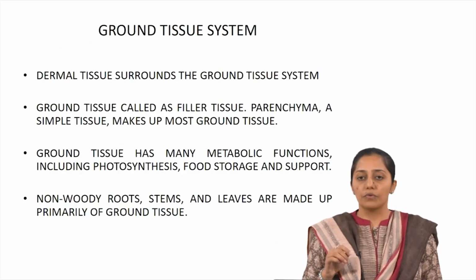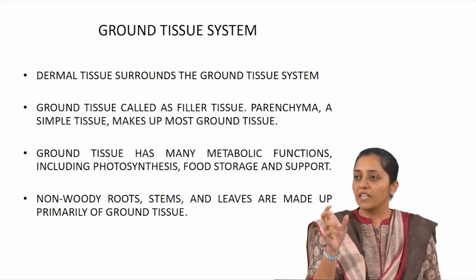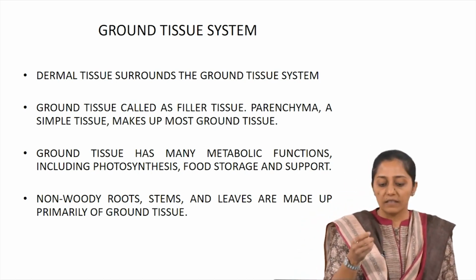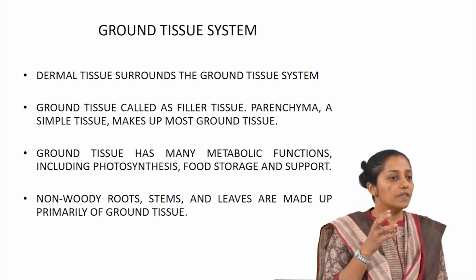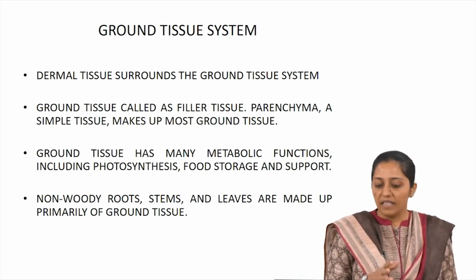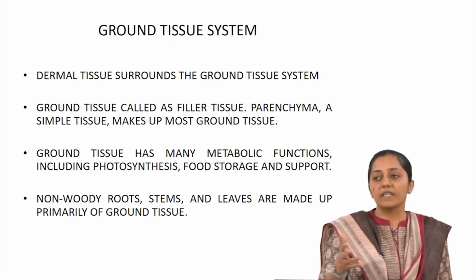Talking about ground tissue, it is the mass of the plant. It forms the major flesh of the plant, the thickness of the stem. The majority of the cells in the ground tissue are parenchyma cells, and they carry out many different kinds of functions.